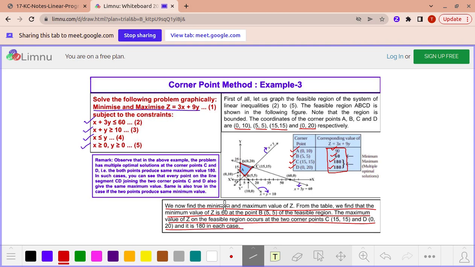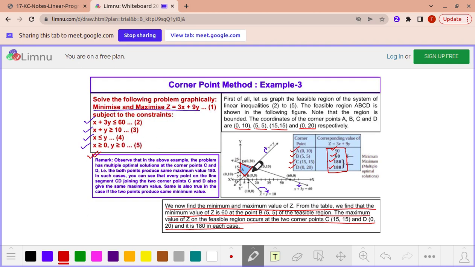Now there is a special point to mention here, that I mentioned as a remark in blue color here. So what is the remark? As you see, there are multiple optimal maximum solutions, that the maximum value is 180, and that 180 is obtained for multiple value sets of x and y.